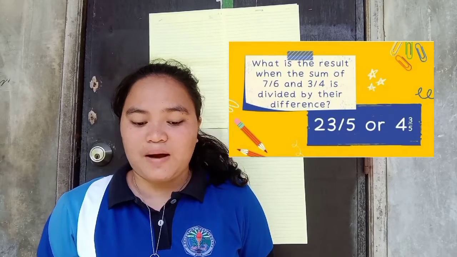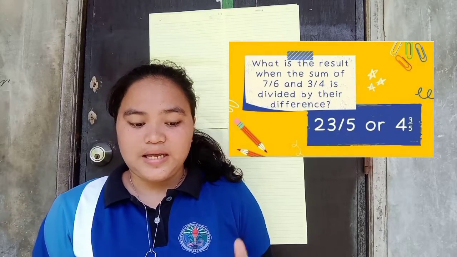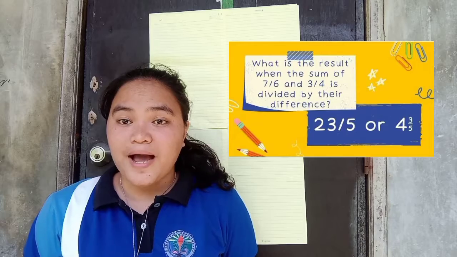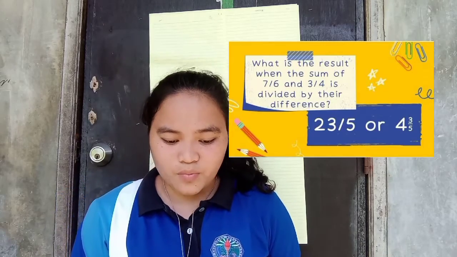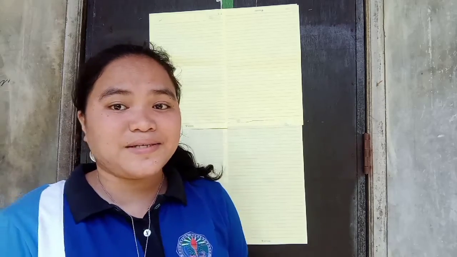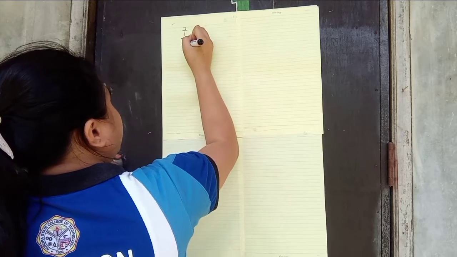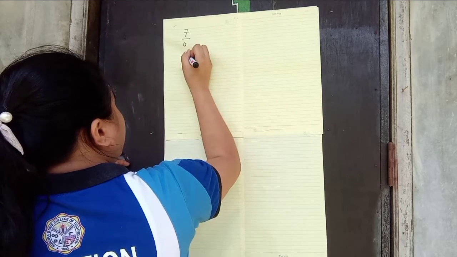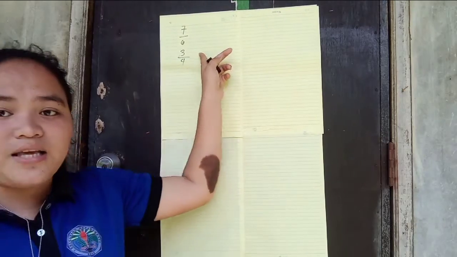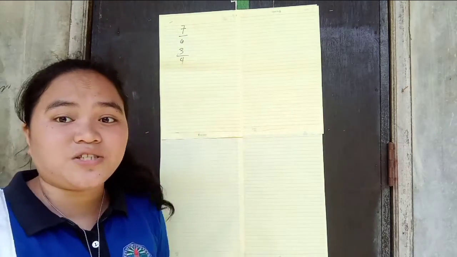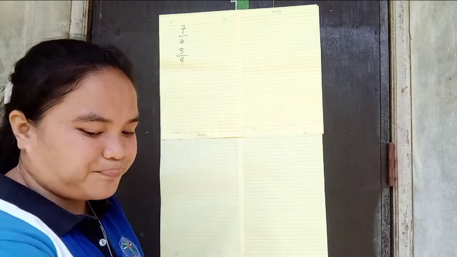So, the question here is, what is the result when the sum of 7/6 and 3/4 is divided by their difference? Okay, yung result ng sum of 7/6 and 3/4. So, ganito po ang magiging solution sa question na to. 7/6 and 3/4. Ito po yung given number natin, di ba? 7/6 and 3/4. Now, let's proceed to our concrete solution.